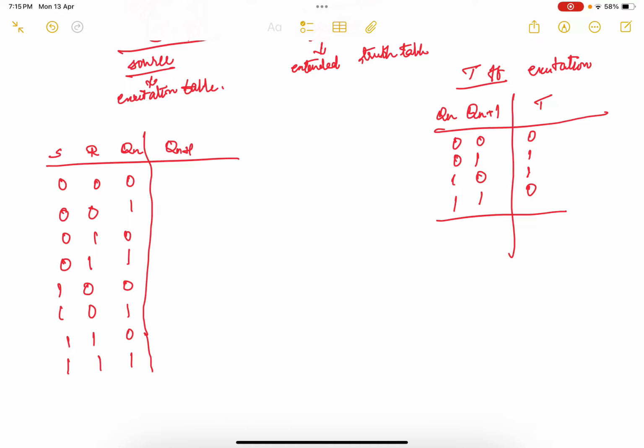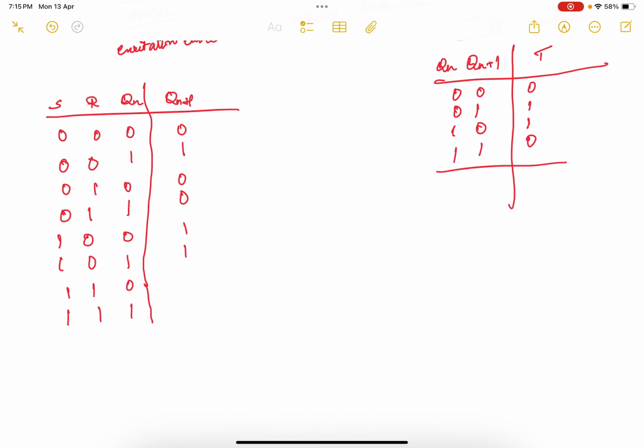So if you write the extended truth table, the present state will be retained as such for 0 0. For 0 1 it will be 0, for 1 0 it will be 1, and for 1 1 it is an indeterminate form, so we cannot determine anything.